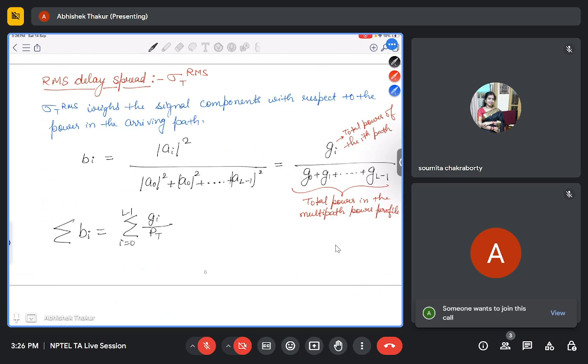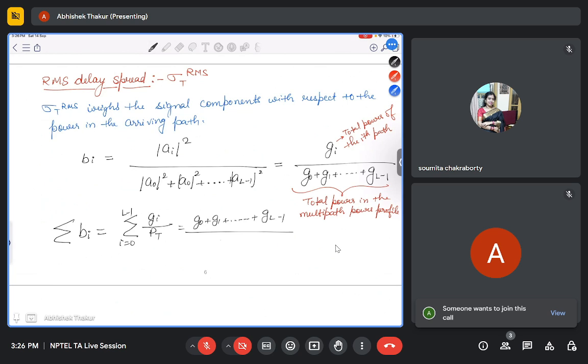When we do the summation, we will get G naught plus G1 plus up to G of L minus 1 divided by the total power.